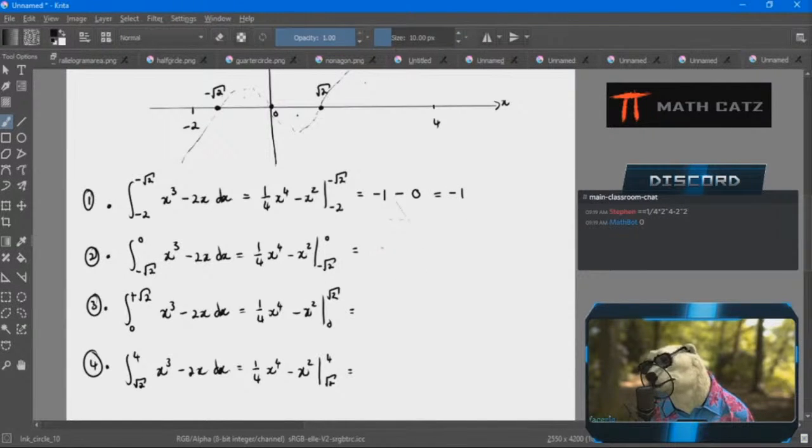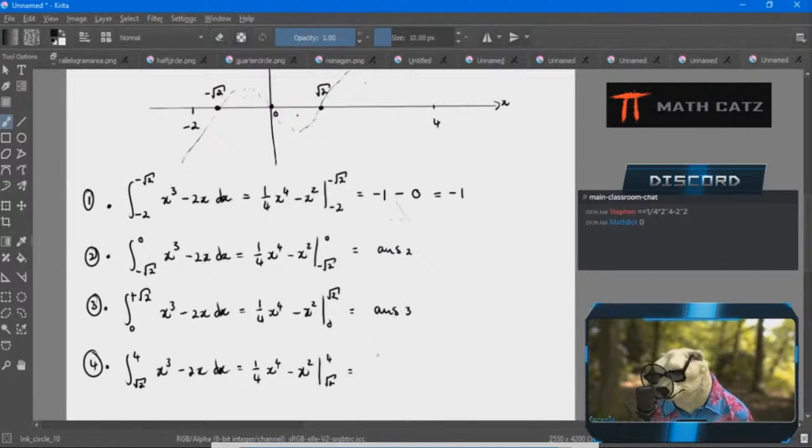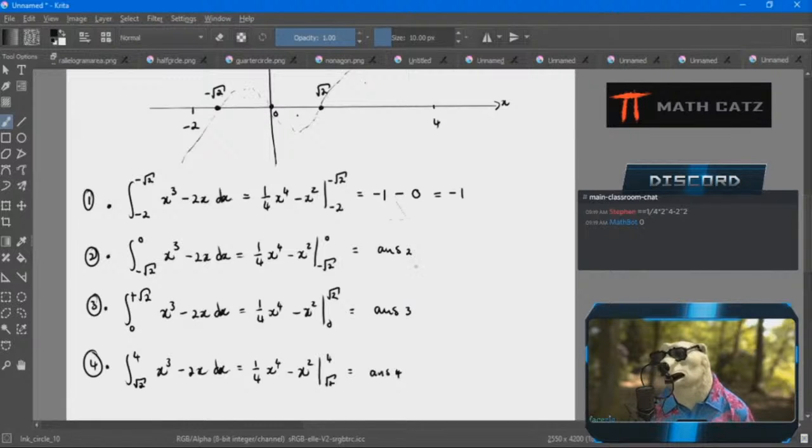You'll then get answer 2, answer 3, answer 4. Make them all positive. Zoom out.